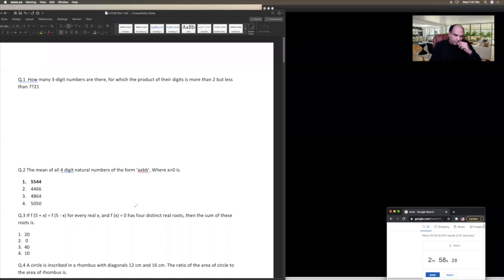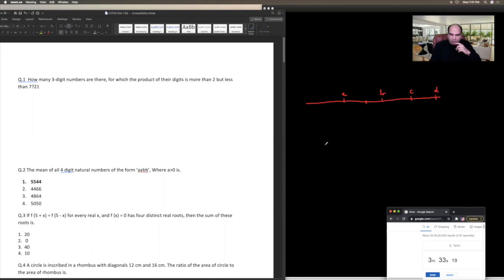If f(5 plus x) is equal to f(5 minus x) for every real x, f(x) equal to 0 has 4 distinct real roots. Let's say f(x) is 0 at a, b, c, d.